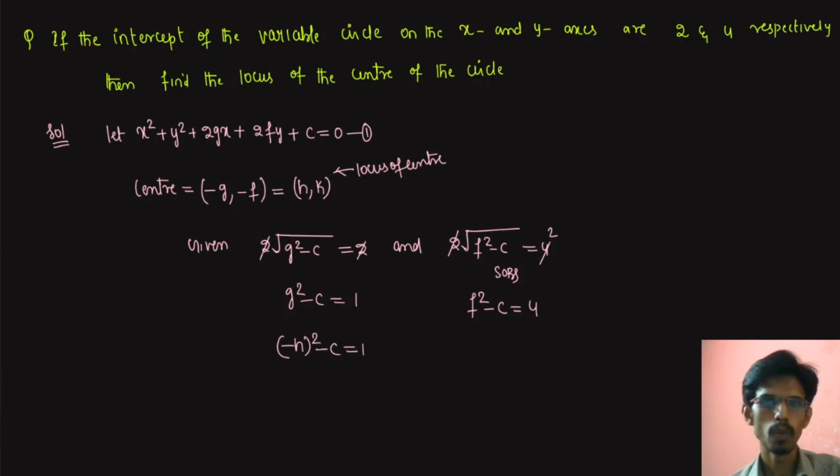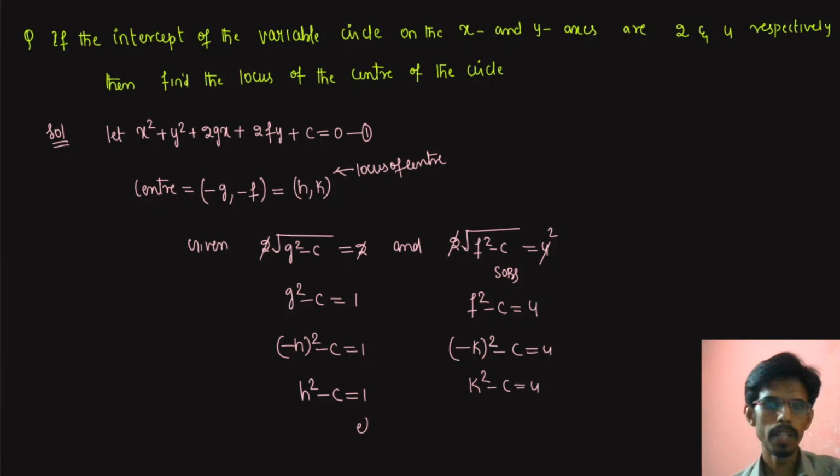Similarly, the f value will be minus k: (minus k) whole square minus c equal to 4. So h square minus c equal to 1, k square minus c equal to 4.